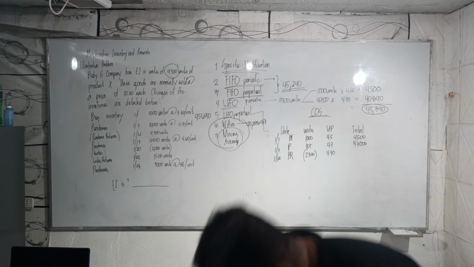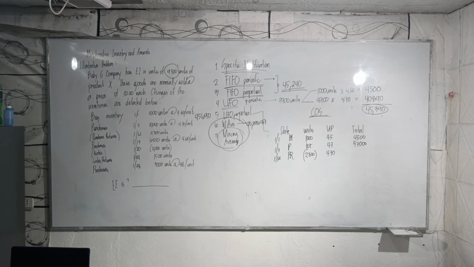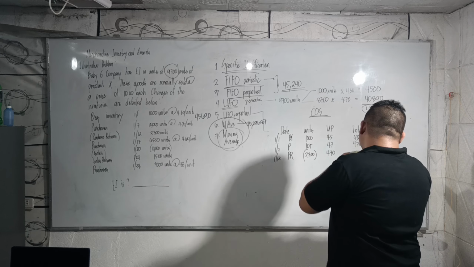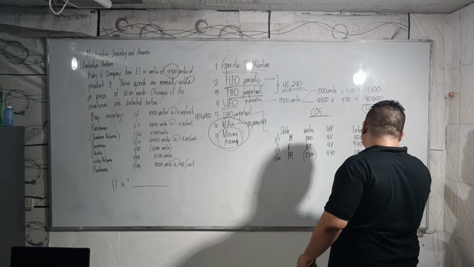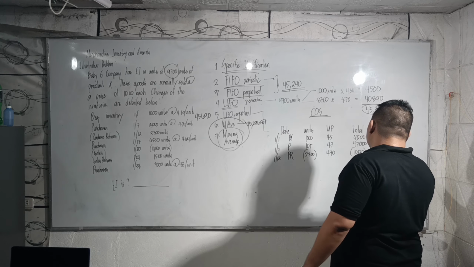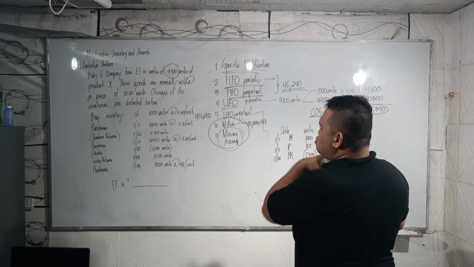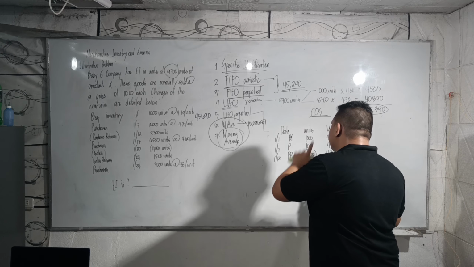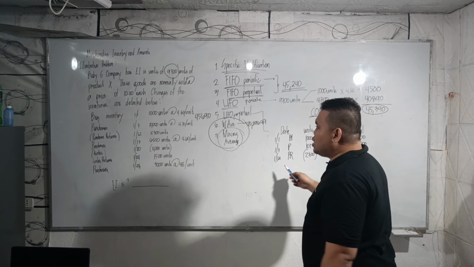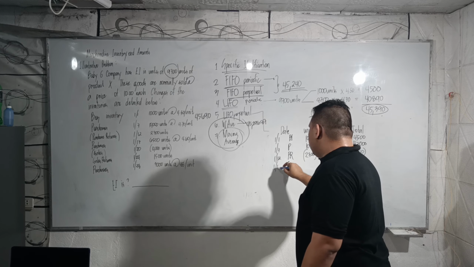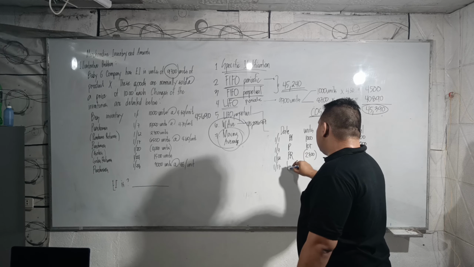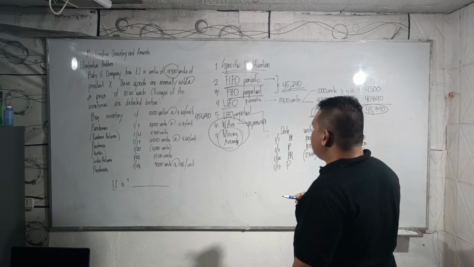So 2,300 times 4.7, we have 10,810 deduction. And then, you can still go on without averaging as long as it is purchase returns, and then another purchase again, just like this one. So again, this is another group of purchase.